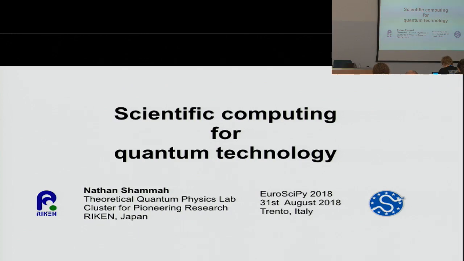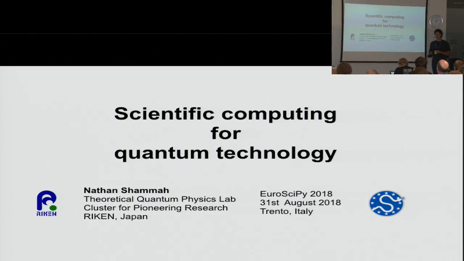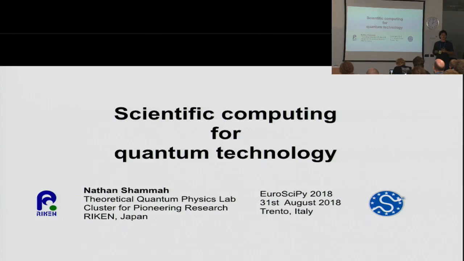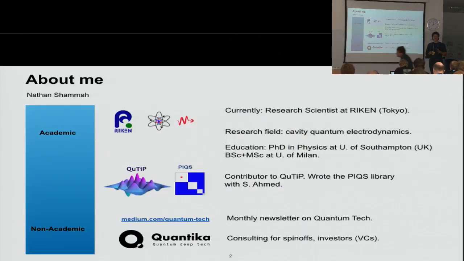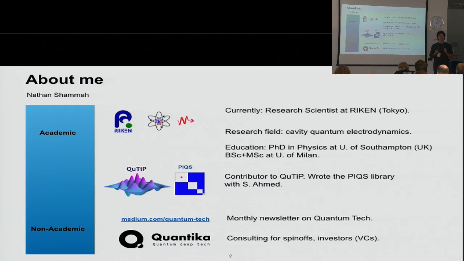My name is Nathan Shamma, and I'm a postdoctoral researcher at RIKEN, which is Japan's national lab for physics and chemistry. Today I'm going to introduce you to scientific computing for quantum technology. About myself, I'm a theoretical physicist working on the fundamental interaction of light with matter.